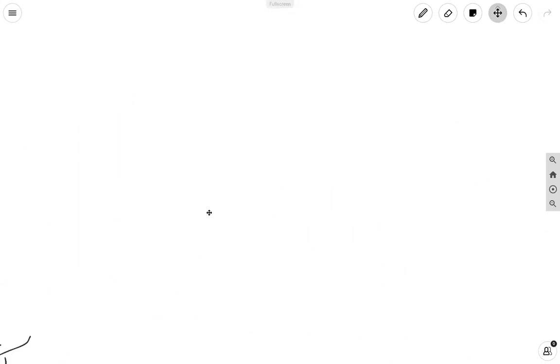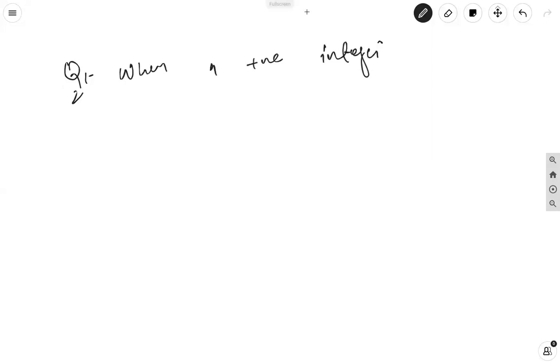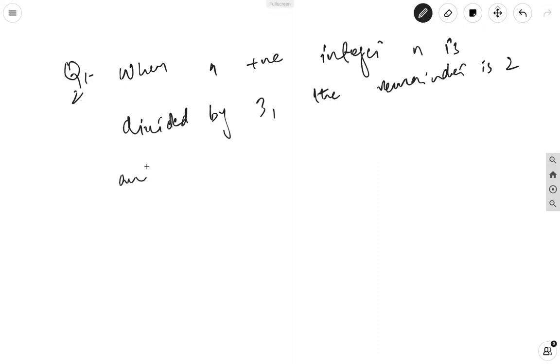Okay, there are two more questions relevant to this. Now, one more question just for your practice. The question is: when a positive integer n is divided by 3, the remainder is 2, and when divided by 7, the remainder is 5.